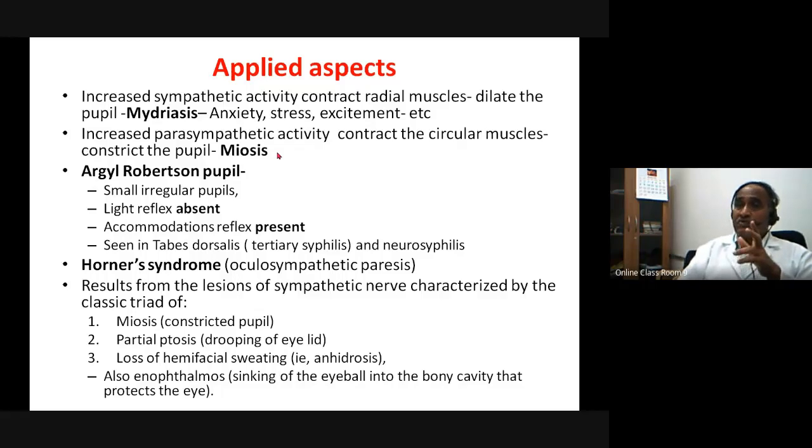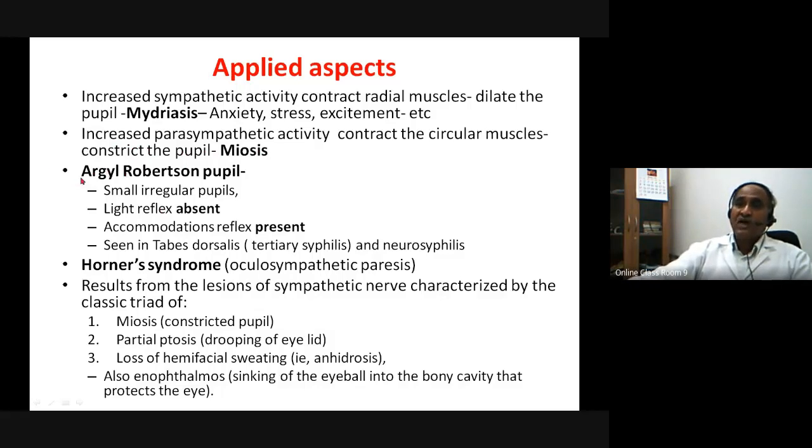They will produce the opposite effect, because atropine blocks the acetylcholine action. Acetylcholine constricts and atropine dilates because it blocks the acetylcholine receptors.